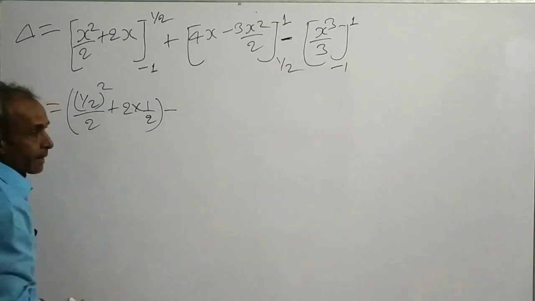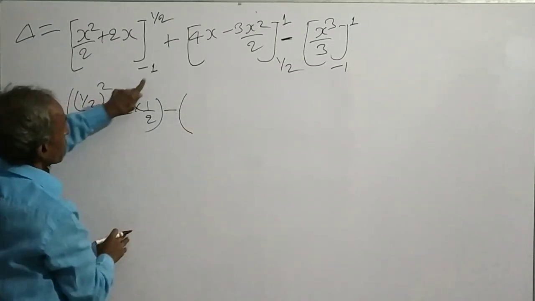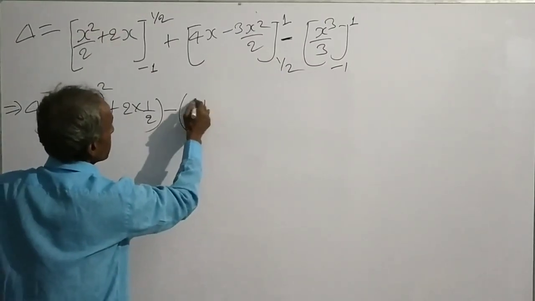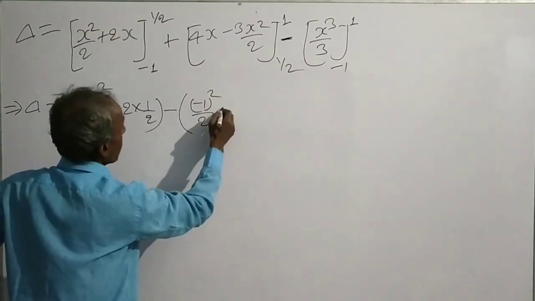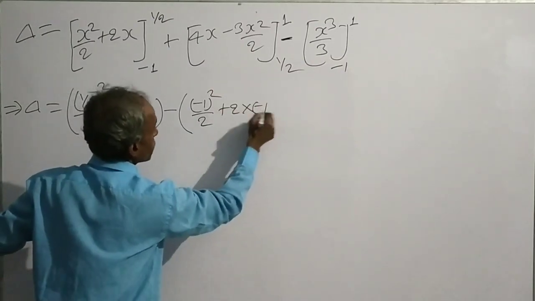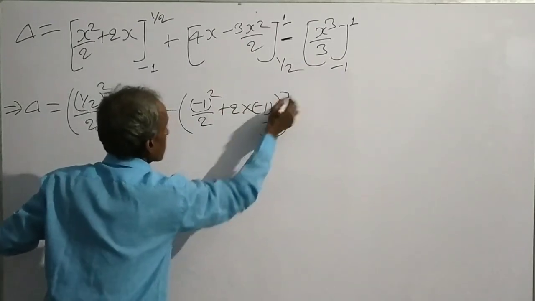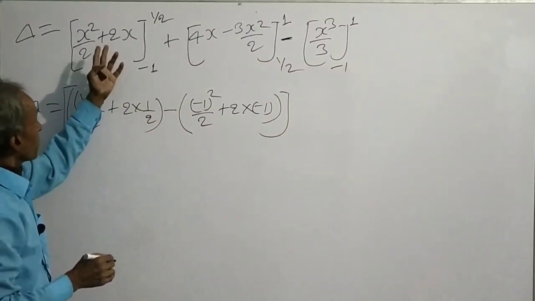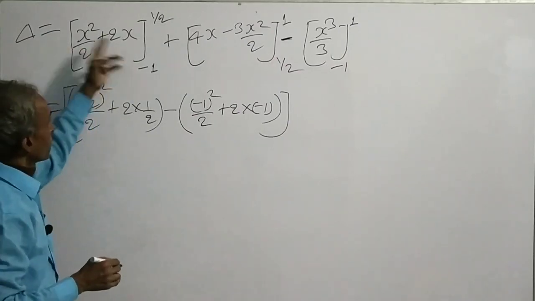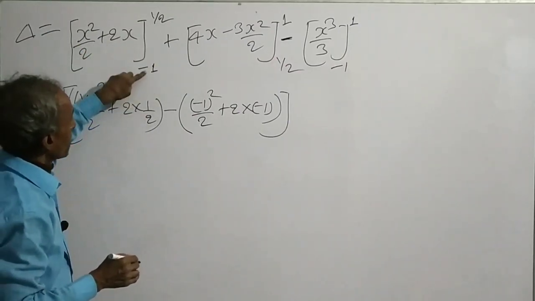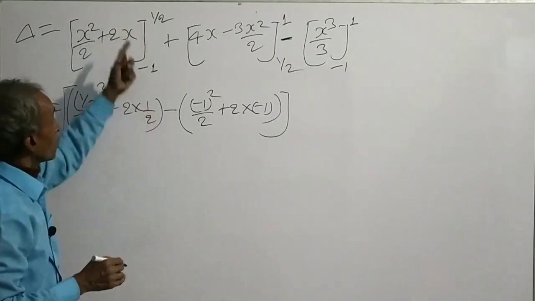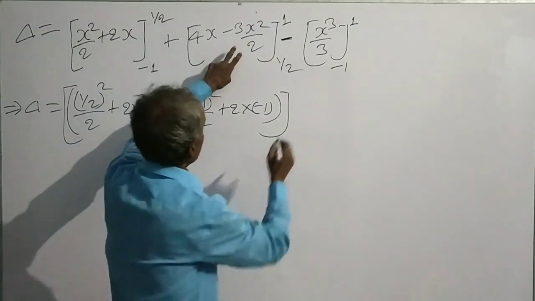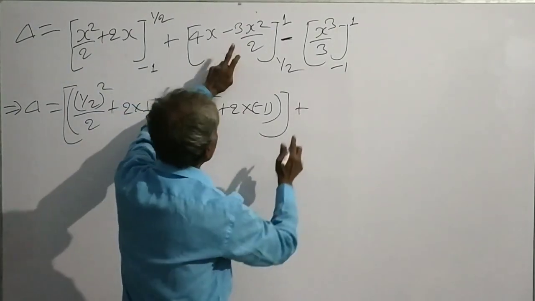Now write minus sign and put lower limit minus 1 in place of x: minus 1 square by 2 plus 2 times minus 1. This is the value of the expression enclosed inside this bracket with limit minus 1 to 1 by 2. Its value is this.